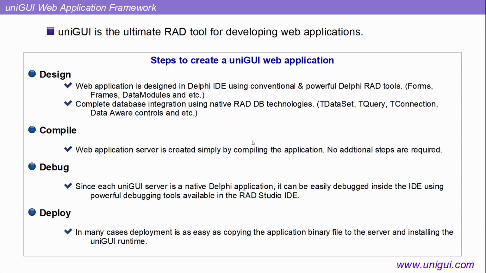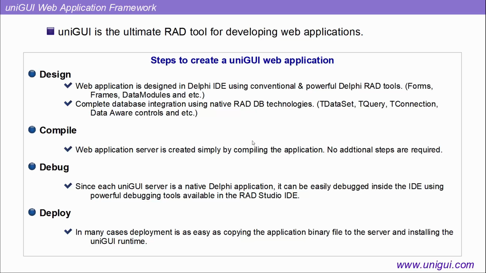These steps are simply design, compile, debug, and deploy. For Delphi developers, there is nothing new here. These are the same steps that all of us were following for years to create VCL applications. Now, the same steps can be extended to create web applications.